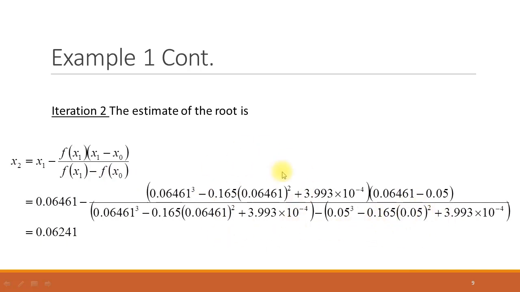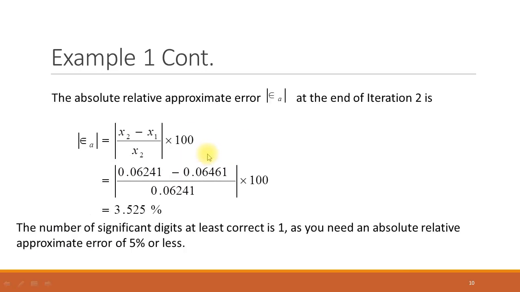After simplification we get the value of x2 as 0.06241.